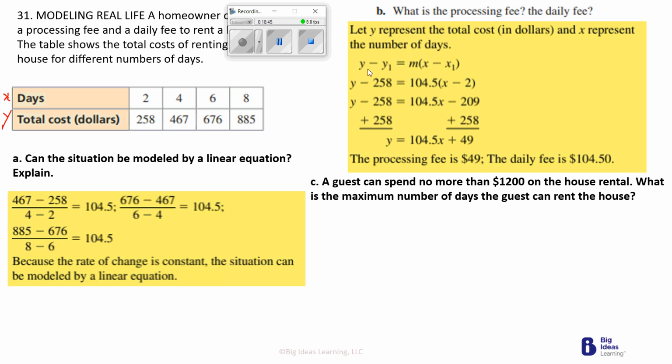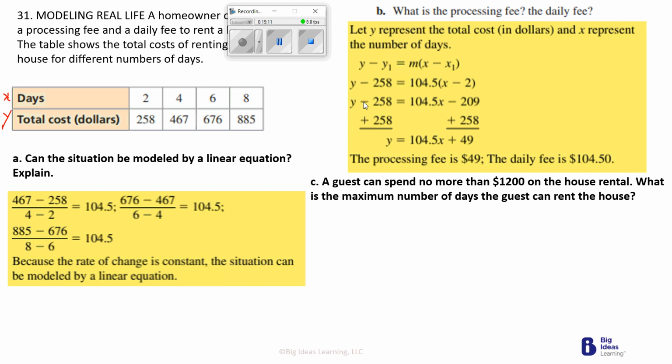So remember, we're going with y minus y1 equals m times x minus x1. I'm going to use y1 would be 258, right? And then my x1 is going to be 2. So this would be a negative 258 and a negative 2. 104.5 times x is 104.5x. 104.5 times negative 2 is negative 209.